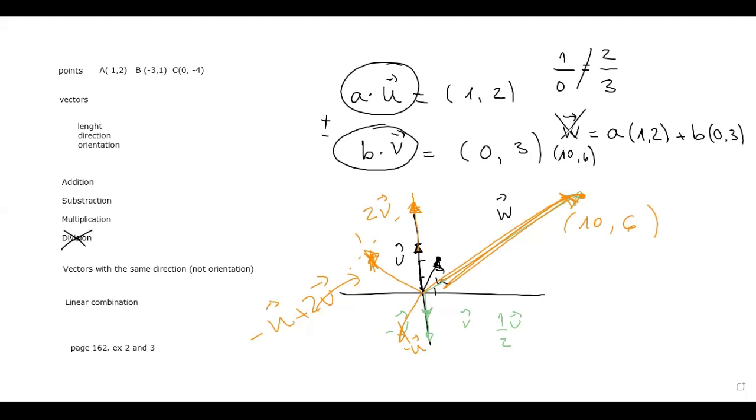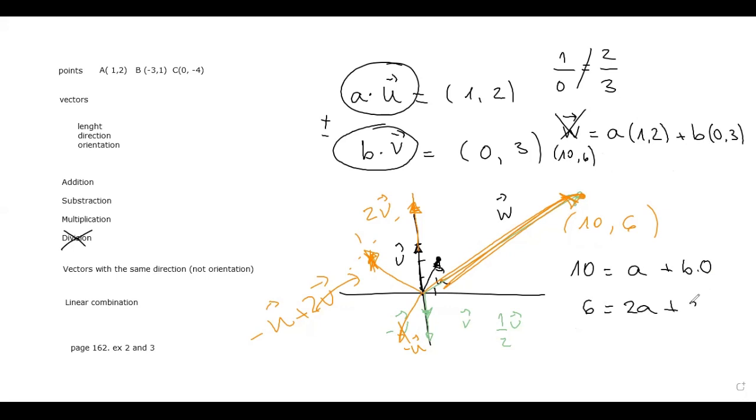I take the x component with the x component and the y component with the y component, and I can plan the system like this. 10, which is the first x here, is a multiplied by 1, so a, plus b multiplied by 0. So b by 0, that would be 0. And this other component, 6, has to be equal to 2a plus 3b.